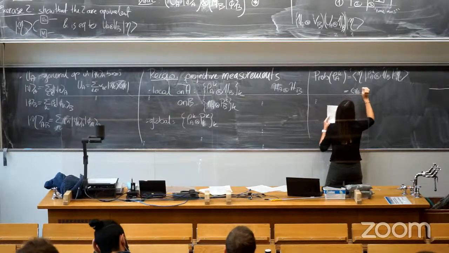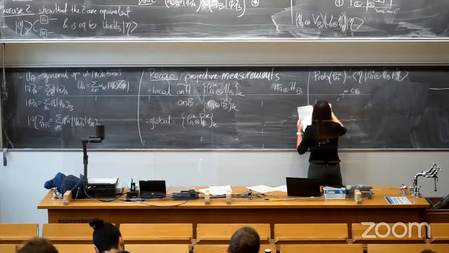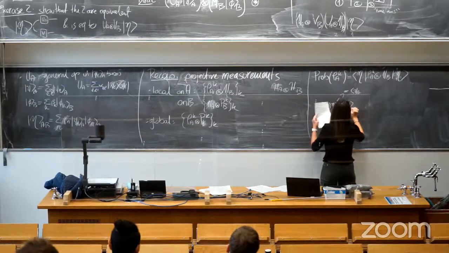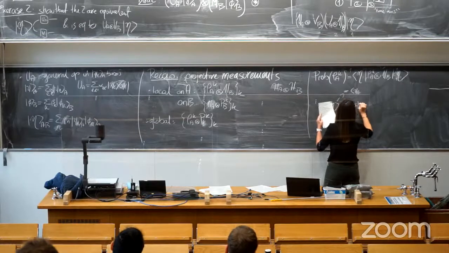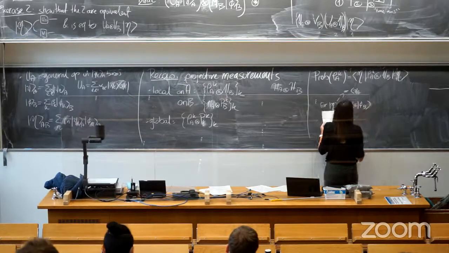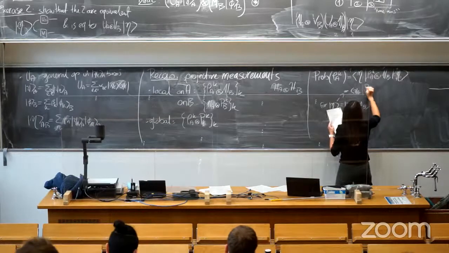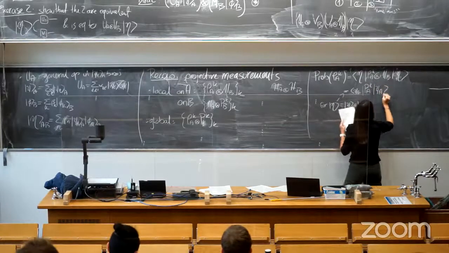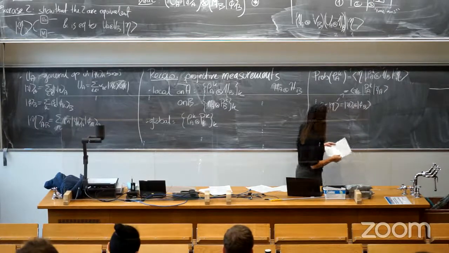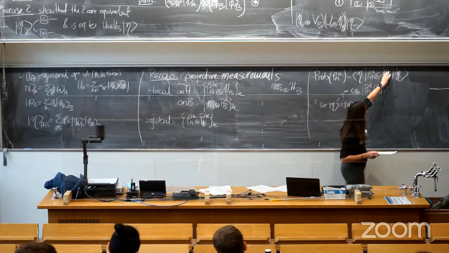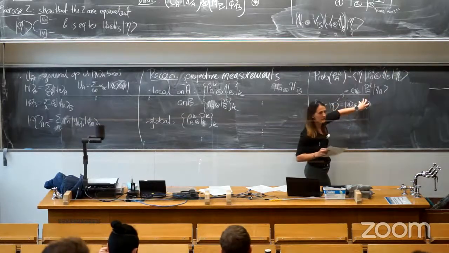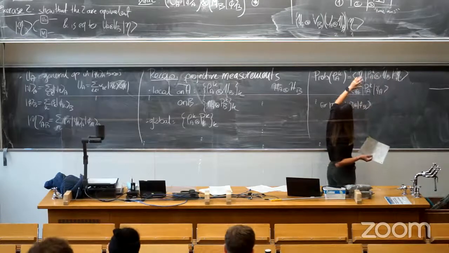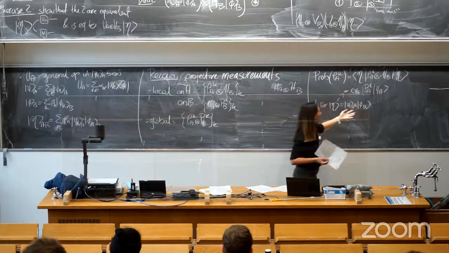For an eta which is equal to psi A tensor product phi B, we really only have to act on this part of the state, because the identity acting on phi B is phi B, and the inner product of phi B with phi B will be exactly 1.